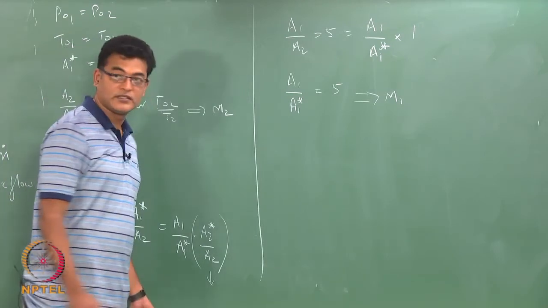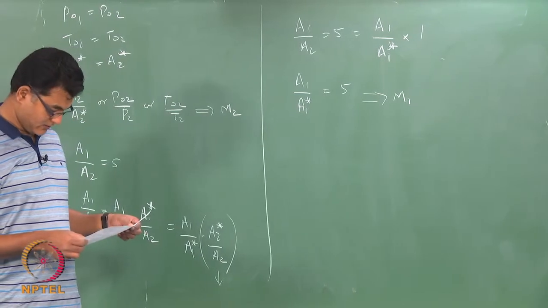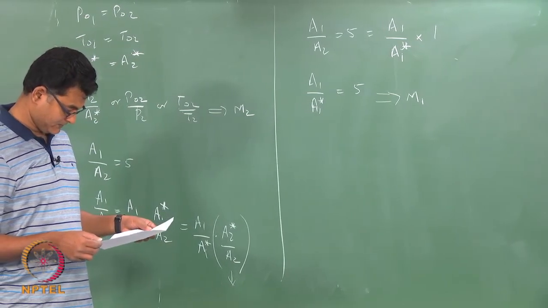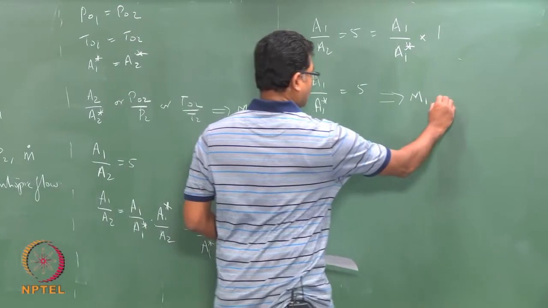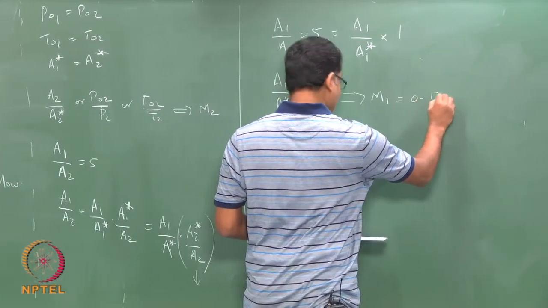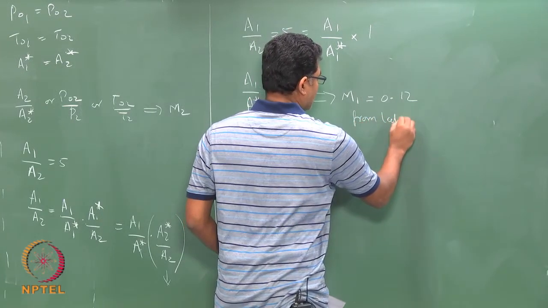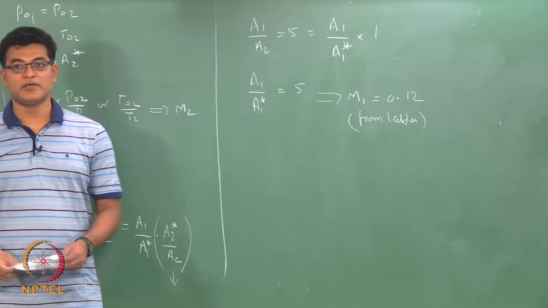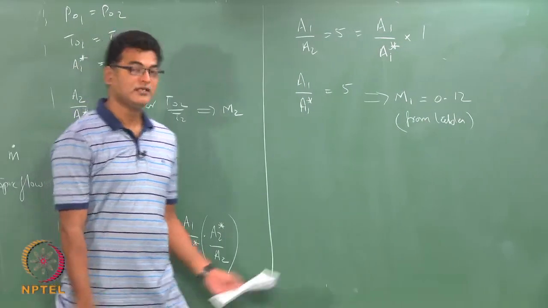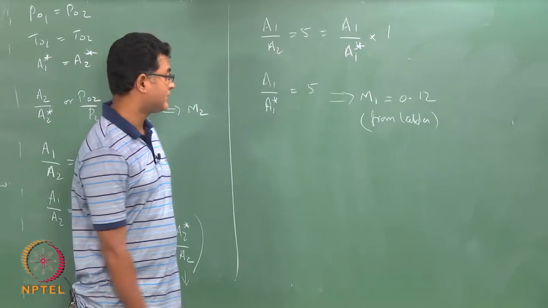If you look at the tables, from tables or from the equation, if you can remember the equations. Okay. Ideally, you should get it from the tables, the isentropic table, when M1 is 0.12.